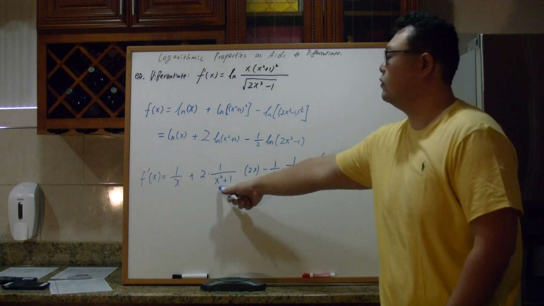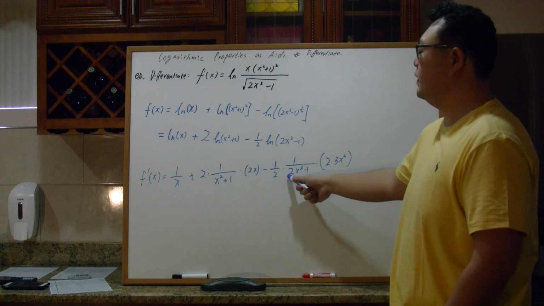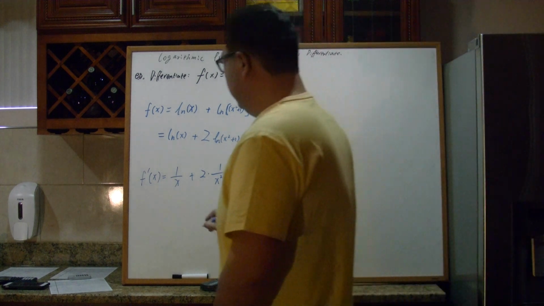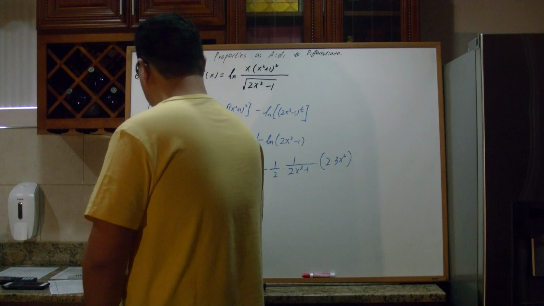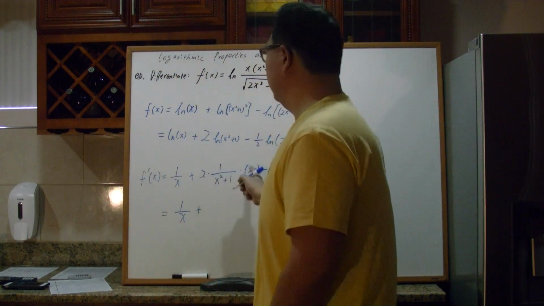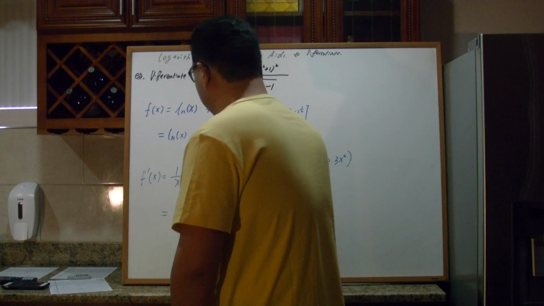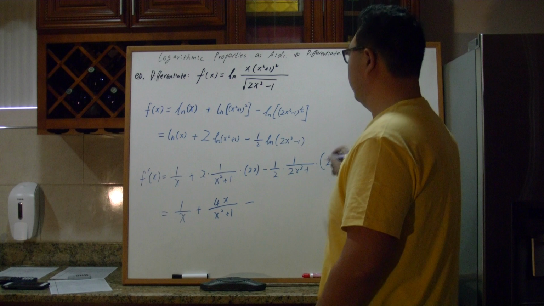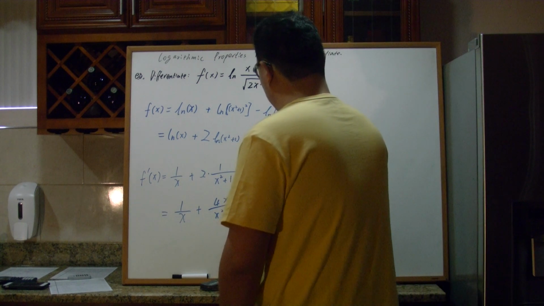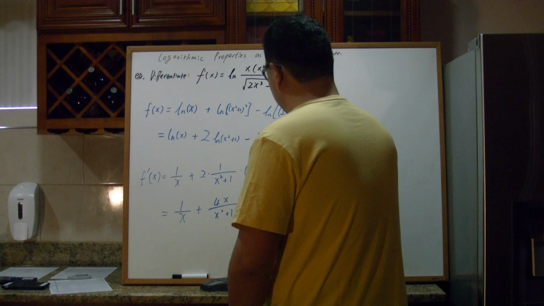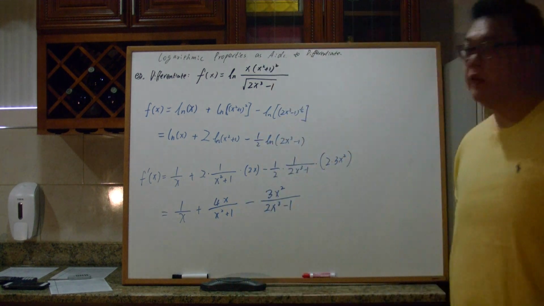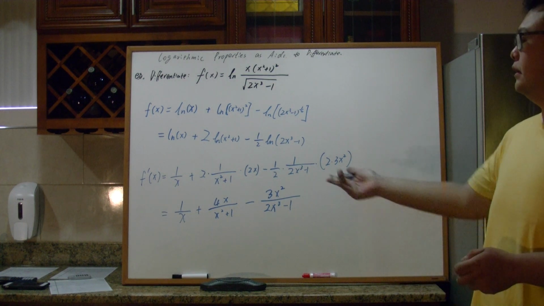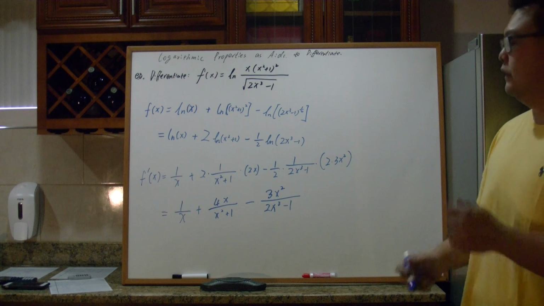The derivative of x squared plus 1 is 2x. The derivative of 2x cubed minus 1 is 2 times 3x squared. So we get 1 over x plus 4x over x squared plus 1, minus, with the 2 and 2 cancelled, 3x squared over 2x cubed minus 1. We get 3 quotients. We do not have to combine all of them together since these quotients are good enough.